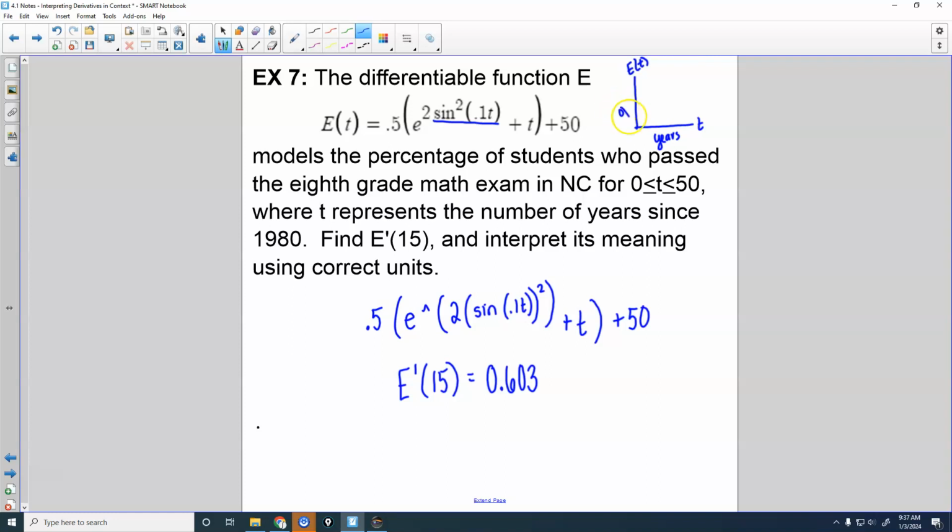So passing. So our derivative, the units are going to be percent passing per year.